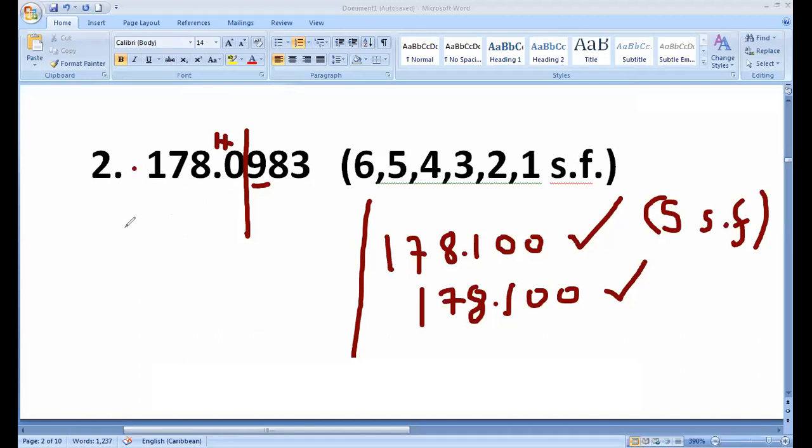And once you add 1 to the 0, it becomes 178.1000. You don't have to put any zeros here, but if you want, it's not important.